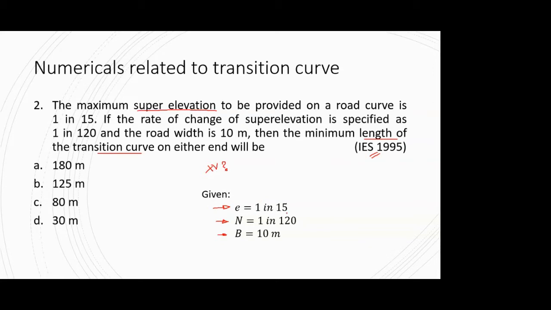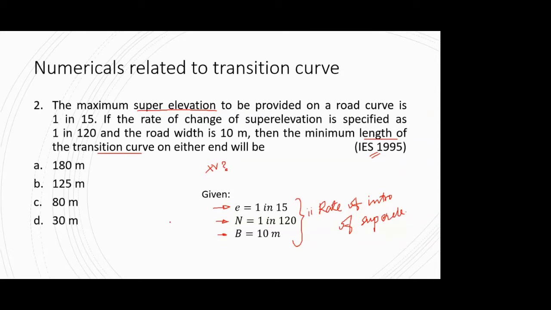So obviously, using only these three values, we can apply only criterion number 2, that is the rate of introduction of superelevation.